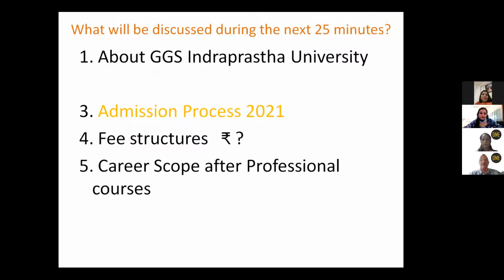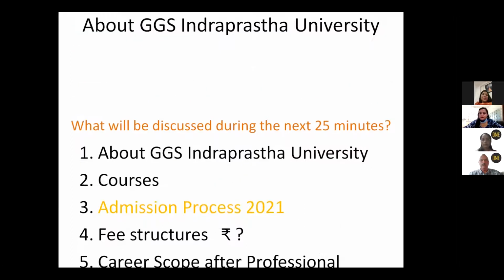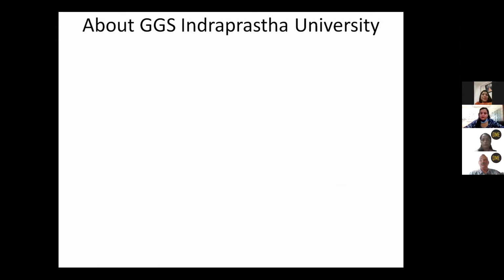What is IP University? So students, there are 4 types of universities in our country. One is the central university, like JNU, like Delhi University, like Jamia, like Aligarh Muslim University, like Banaras Hindu University.